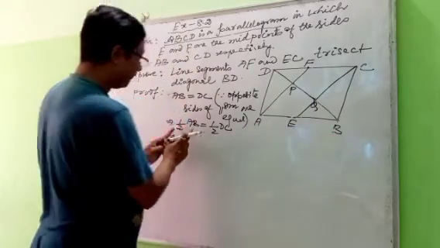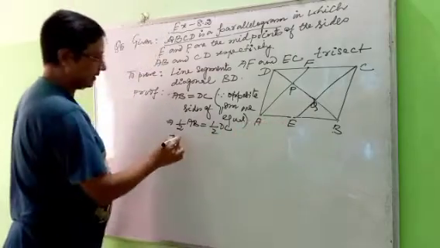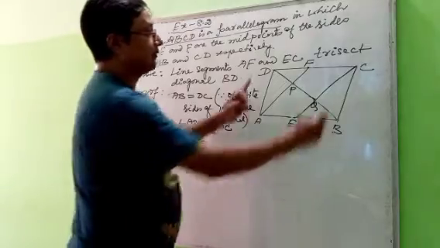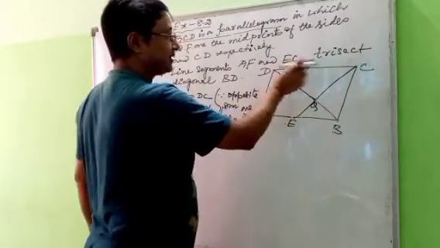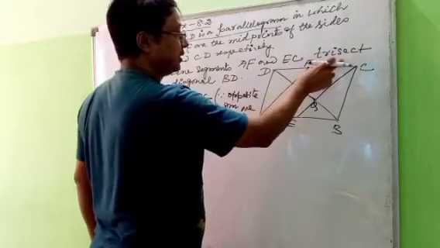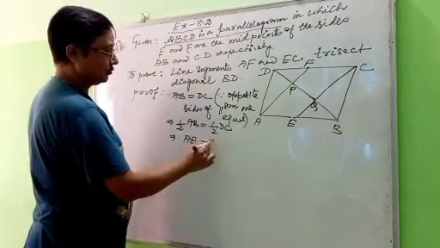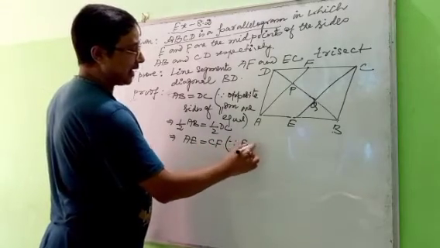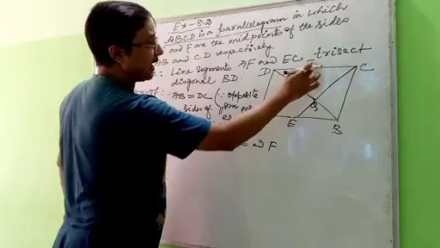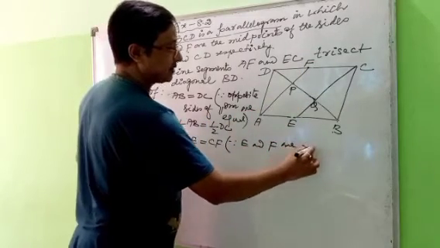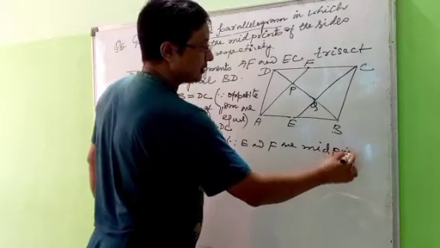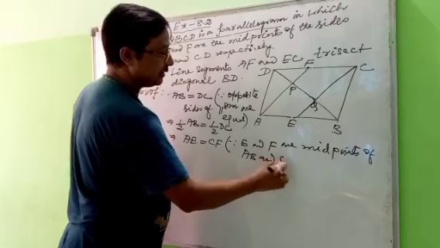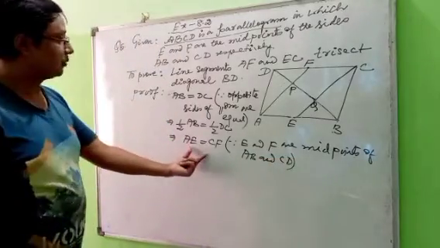So that is why half of AB you will write AE. So it will be AE equals half of CD. So each of the segments CF, DF, they are the half of CD. So you will write CF. Why? Because E and F are midpoints of AB and CD. So you have got this.